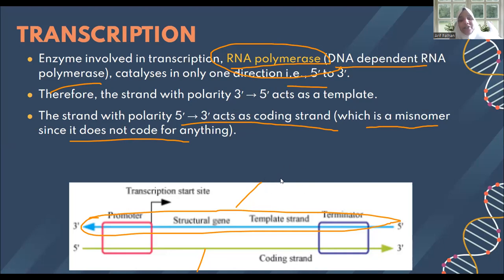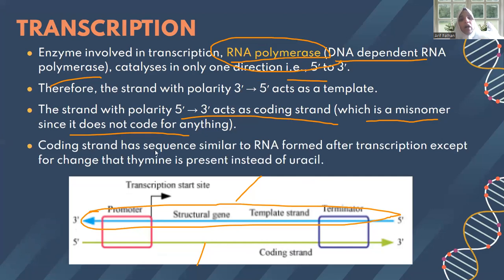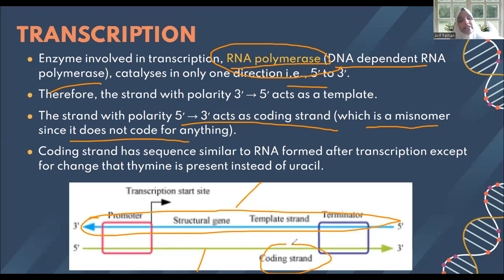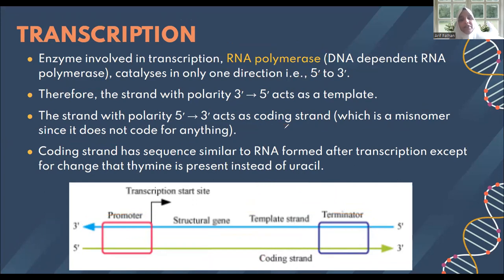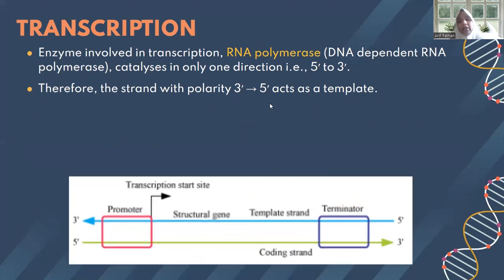The mRNA which will be made will have the same sequence as the coding strand only because of the complementary pairing, right? So the coding strand has a sequence similar to the RNA form. Whatever sequence the coding strand has, the RNA which will be made after transcription will have the same information. Yes or no? For example, we can go to the previous picture.